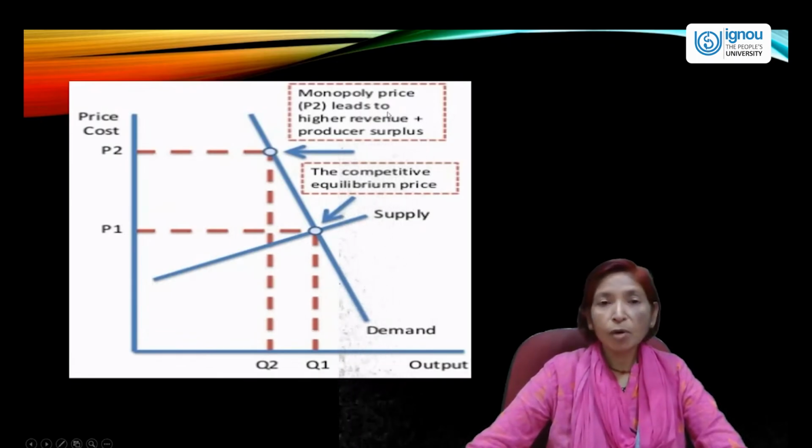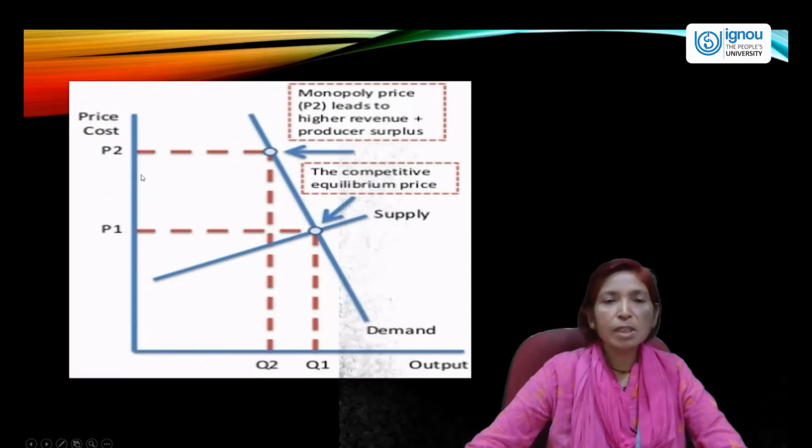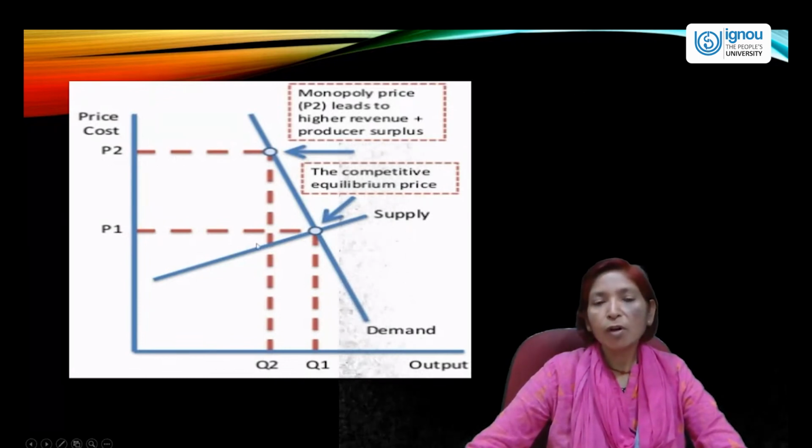But in the case of a monopoly firm, or when an industry is a price maker, the monopoly will charge a higher price to earn maximum profit. If the monopoly charges price level P2, at this price level the quantity demanded by consumers will fall.